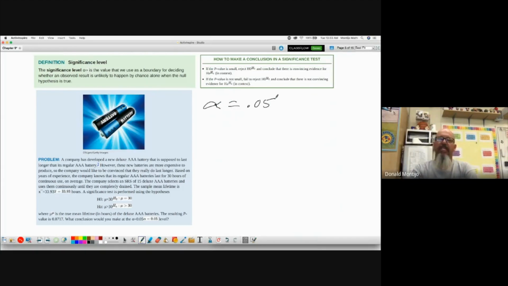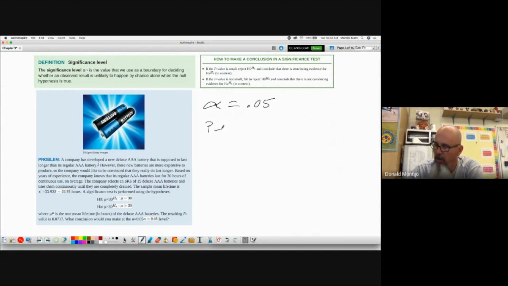So the standard, if the alpha level is not given, then we will assume that the alpha level is 5%. So the alpha level is the boundary point, the cutoff point. If p-value is less than alpha, reject. If the p-value is greater than alpha, fail to reject. The standard alpha is 0.05 if it's not given to us.